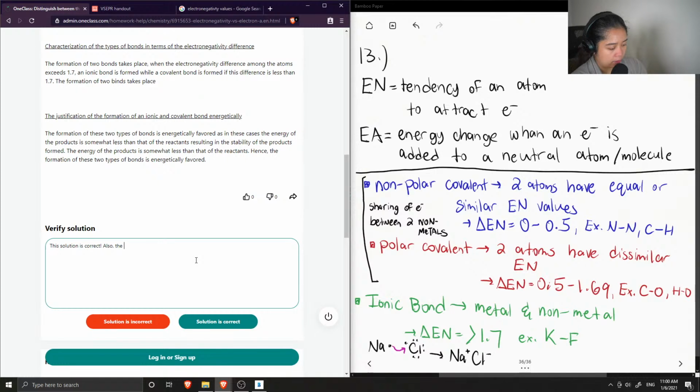Also, the electronegativity difference for nonpolar covalent bonds ranges from 0 to 0.5.